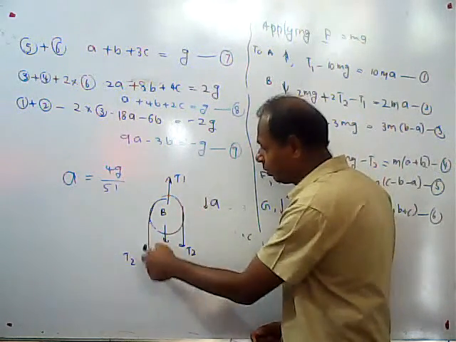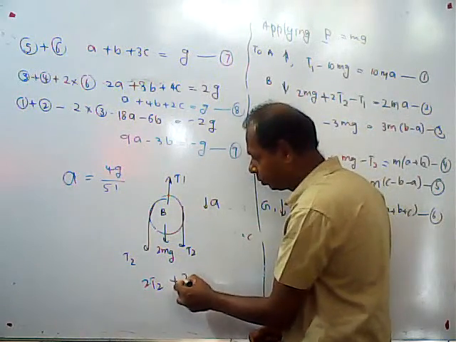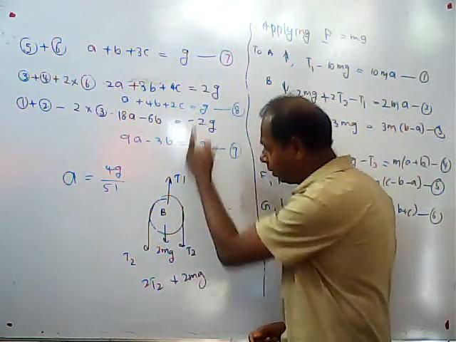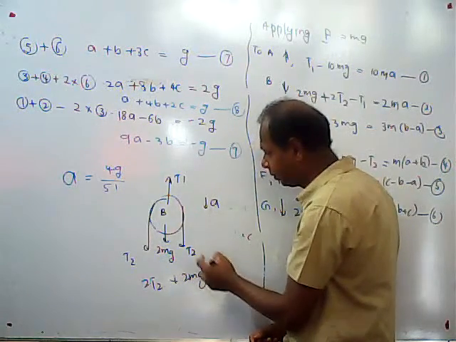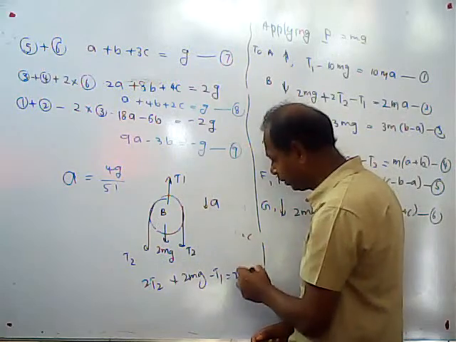So downwards will be 2T2 plus 2mg minus T1 equals mass 2m times acceleration A.